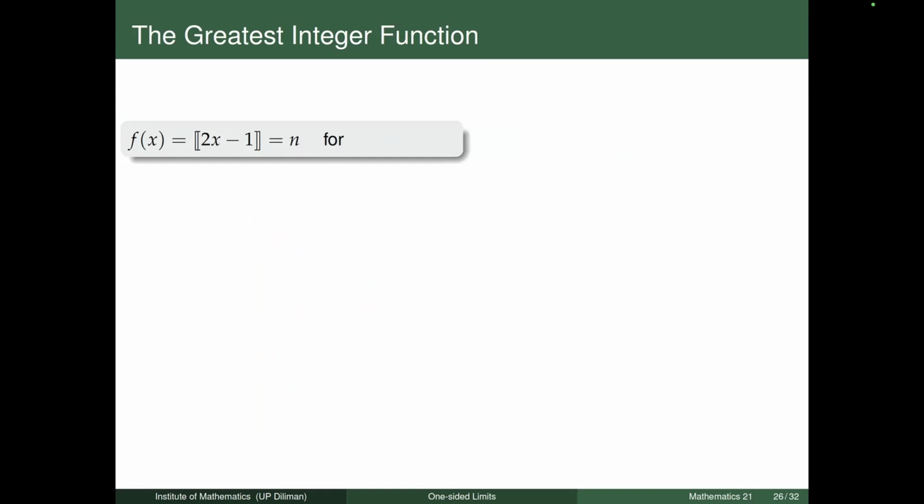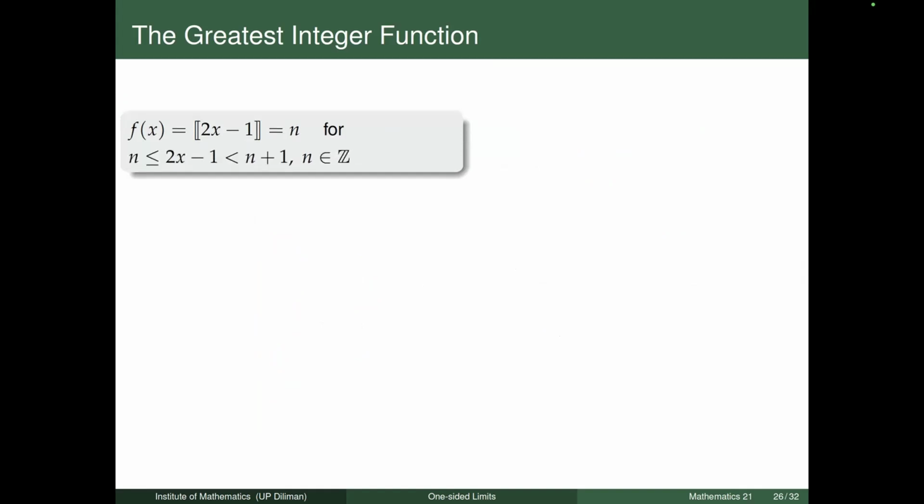Now, papaano kung complicated na yung ating expression sa loob? So medyo mahirap nang gumawa ng table of intervals. So kasi ganito dapat ang mangyayari. So equal siya sa n if n is less than or equal to 2x minus 1, less than n plus 1. So tapos i-simplify mo pa yan for the interval x.